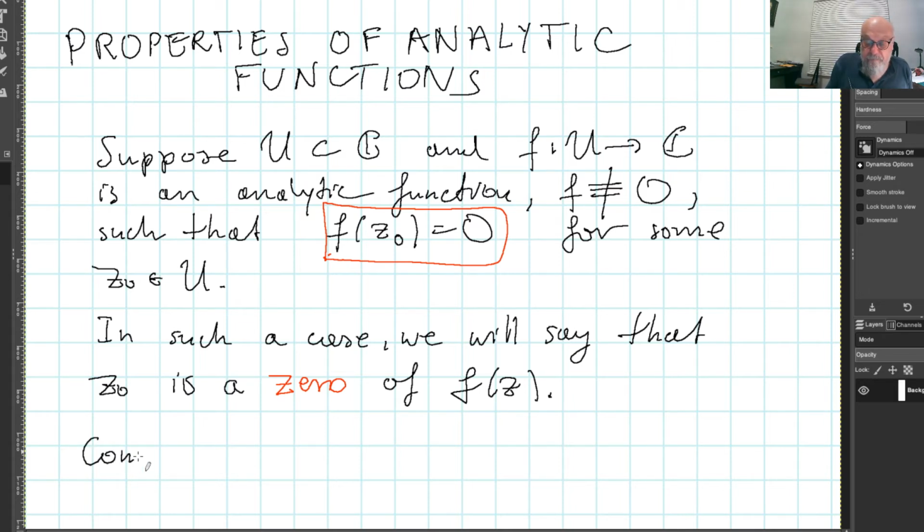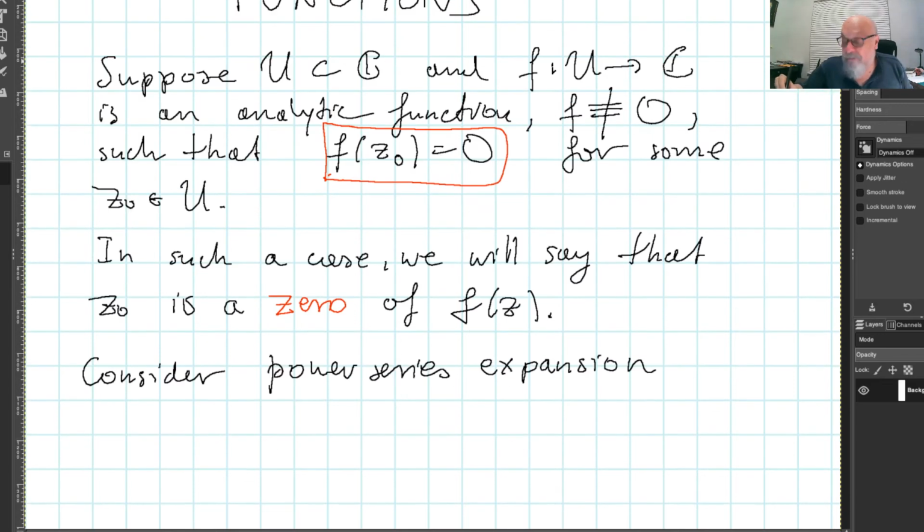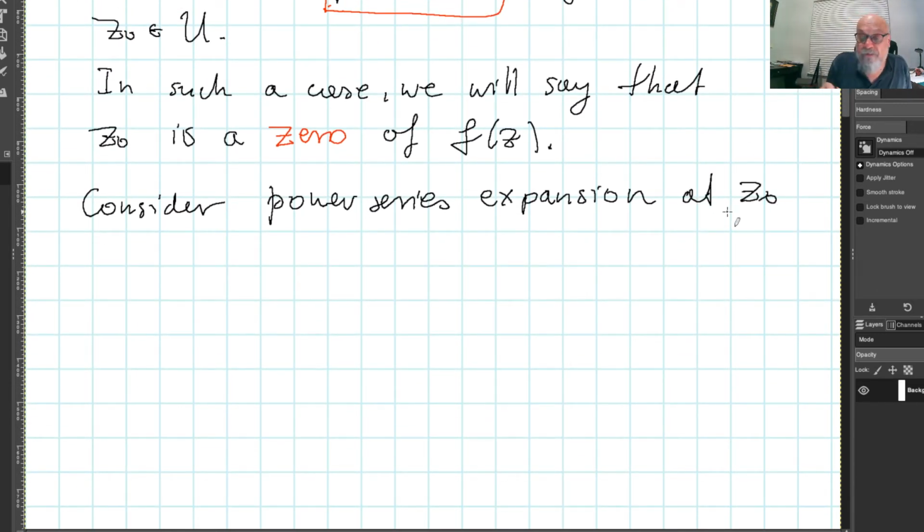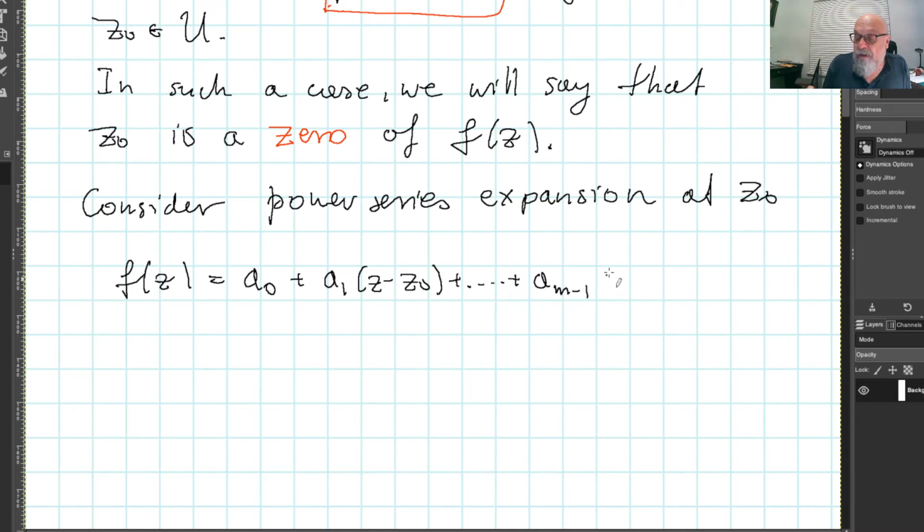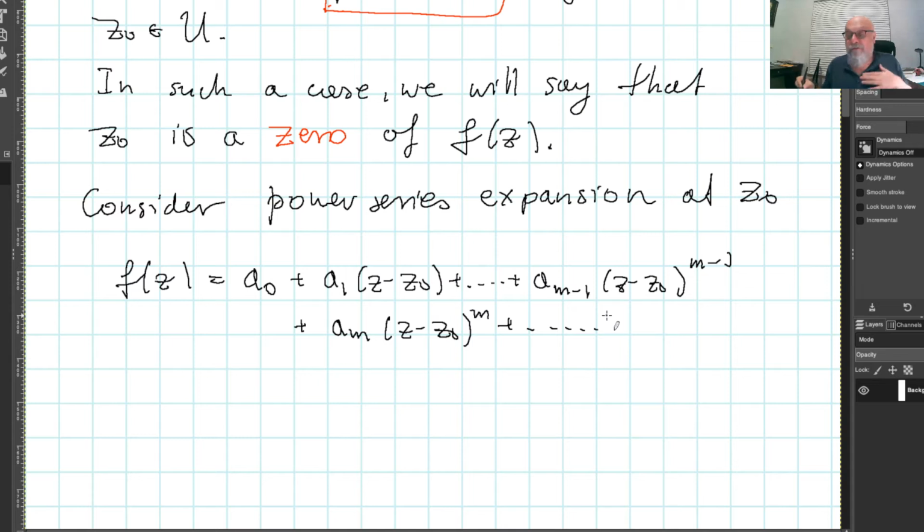So consider the power series expansion at the point z0, so that means your f of z will be equal to a0, and then a1 times (z minus z0), then plus a_{m-1} times (z minus z0) to the power m minus 1, and then I go further, plus a_m times (z minus z0) to the power m, and so on, a lot of all the others.